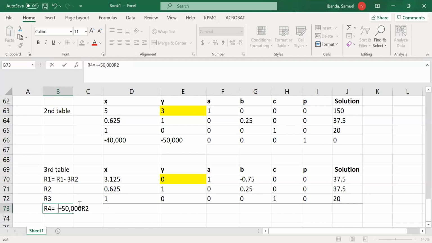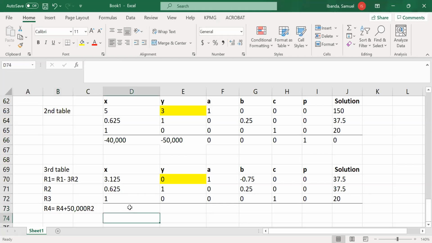Just say it's going to be row 4, the old row 4. You don't have to write it because you're going to apply this on every column. So R4 plus a positive 50,000 R2, because this is negative 50,000. So what can be added here is 50,000 times R2, because R2 is 1. When you multiply it by 50,000, you come to 0.